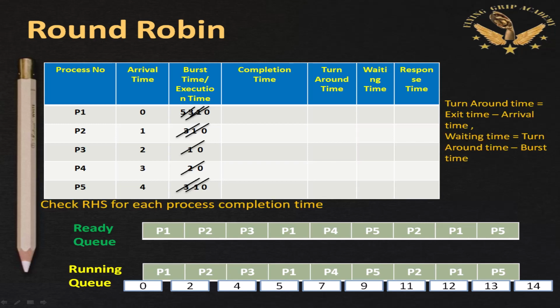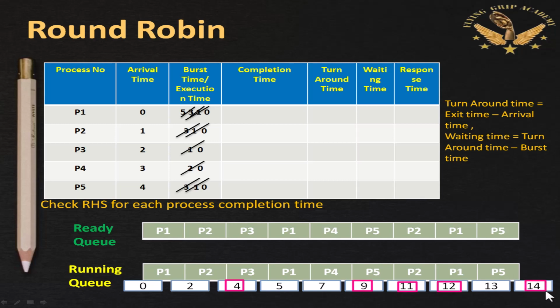P1 has arrived. At what time has P1 completed? P1 has completed at time 12. At what time has P2 completed? P2 has completed at point 11. Next P3 has completed at point 4, P4 at 9, and P5 at 14.